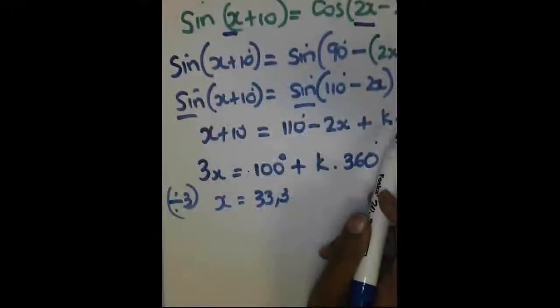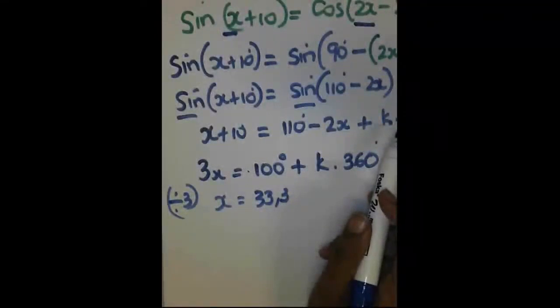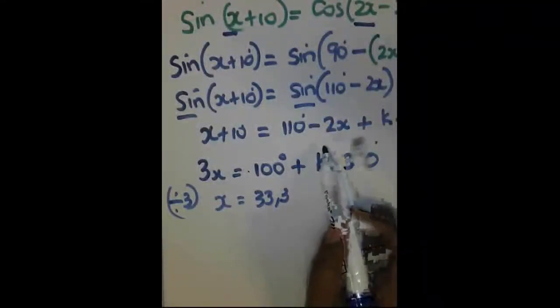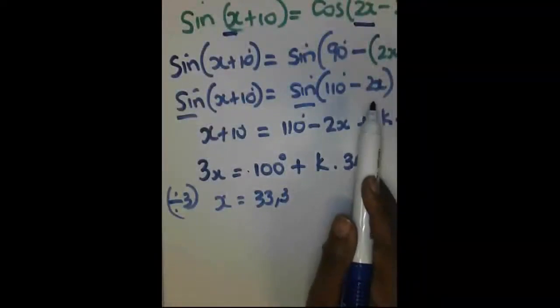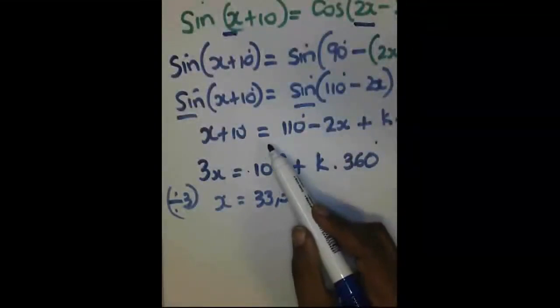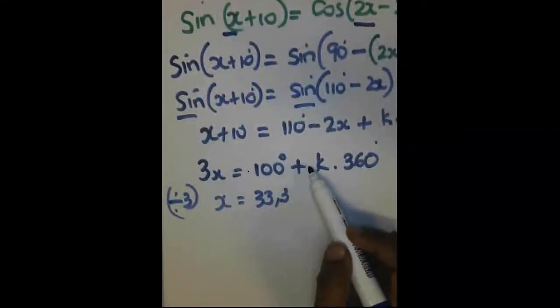Let me just see if I'm correct. Sine is positive in the first quadrant, okay? And it's positive in the second quadrant. So it's 90 minus 2x, I got it. Yeah, that is going to be 110 minus 2x is equal to x plus 10, right? So 3x is equal to 100 degrees, so that.